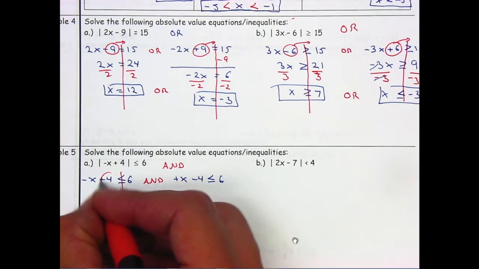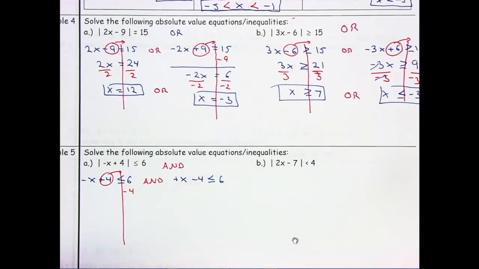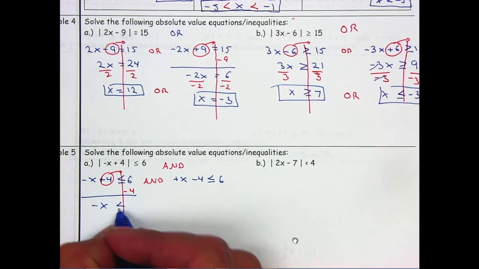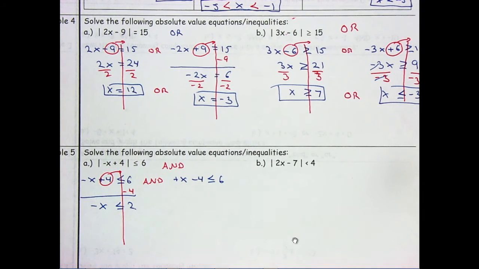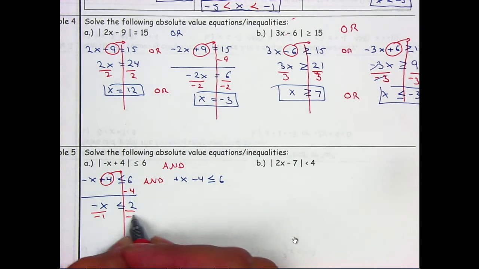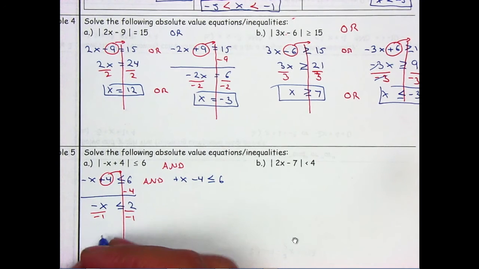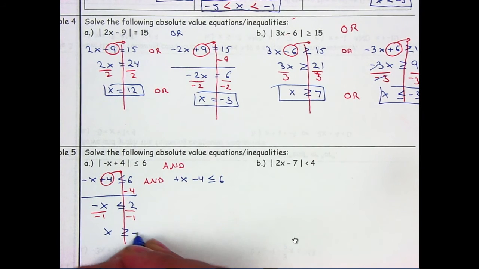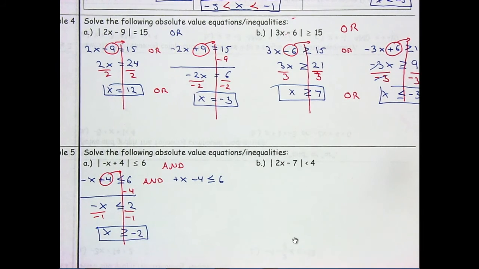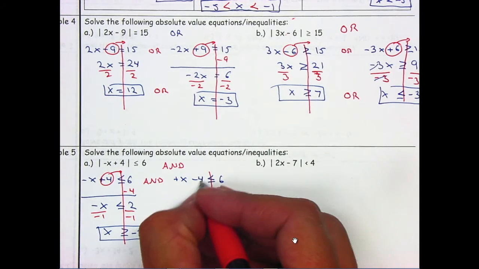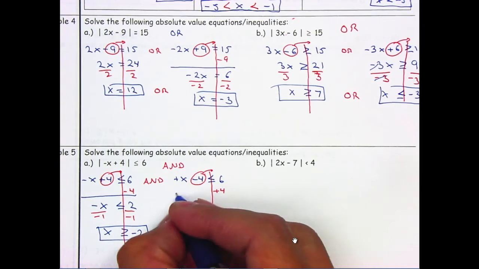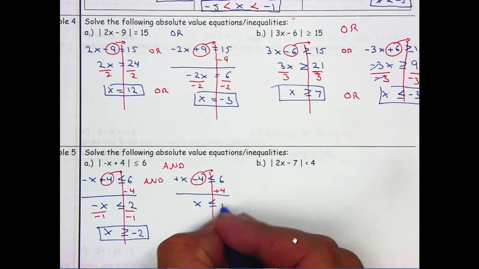I'm now going to move my 4 to the right, becomes a negative 4. That'll be negative x is less than or equal to 2. I'm going to divide by negative 1. Negative and negative becomes a positive x. When I divide by a negative number, remember to flip the inequality, so I'll have negative 2. On the right hand side, I'm going to move my 4 to the right, becomes a positive 4. That'll be x is less than or equal to 10.